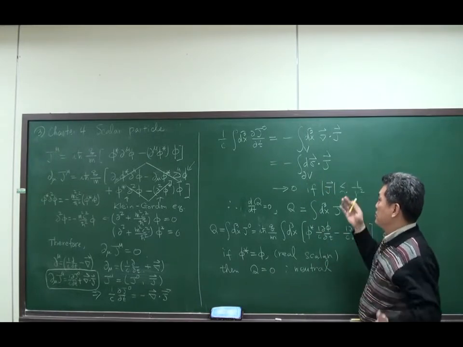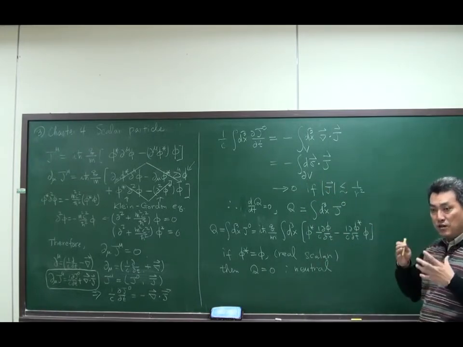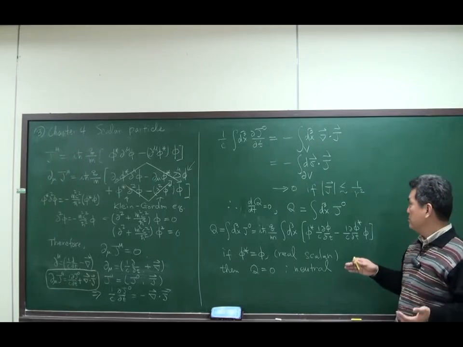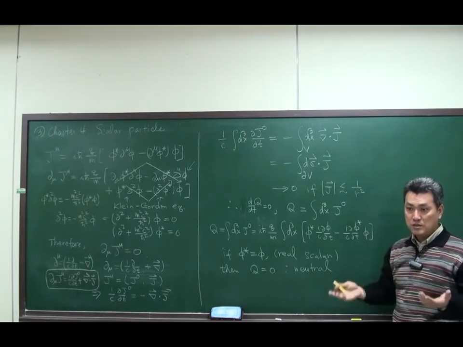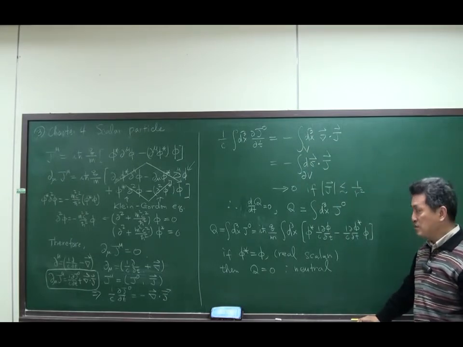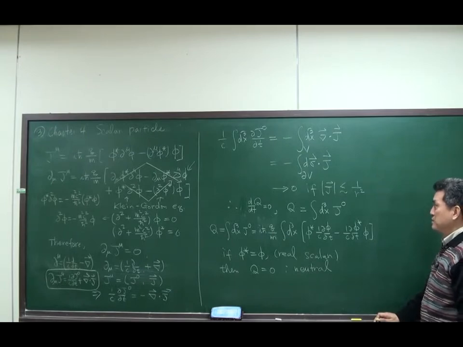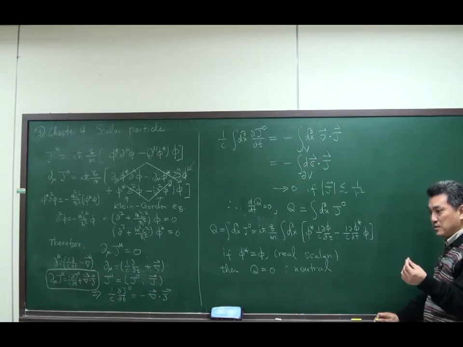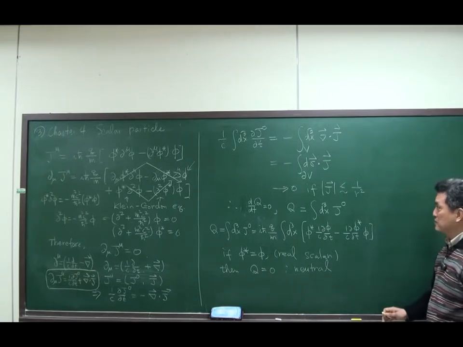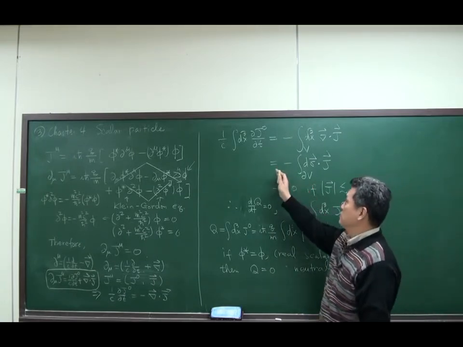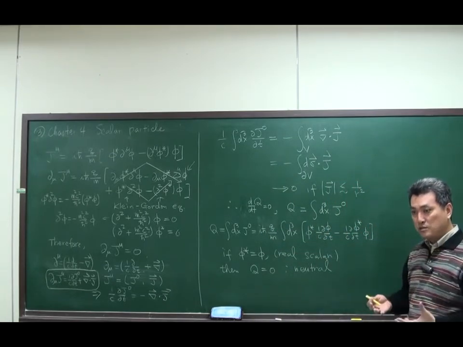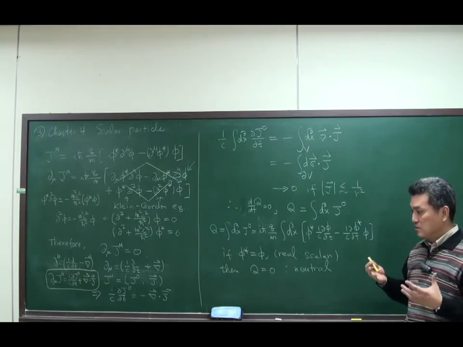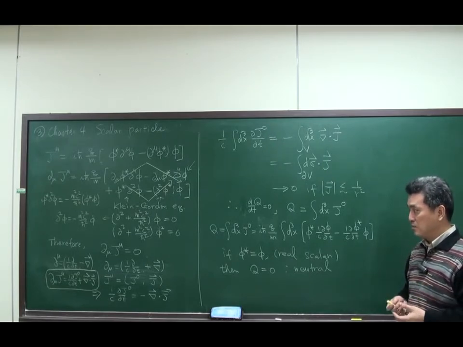If we increase the volume large enough, and if the current decays faster than 1 over r squared, because the surface area is proportional to r squared of the radius, if it is the case, for example, the particle is isolated in some space, then the charge is moving inside that volume, so the total charge inside is conserved.